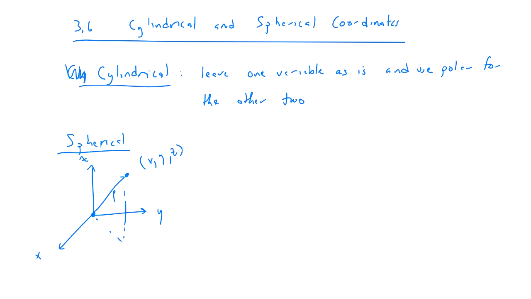The angle from the positive x-axis will be the same as my usual polar angle, theta. And then going from the positive z-axis, going down, I'm going to get another angle called phi, which I'll write in a second. So this will be equal to rho and phi and theta.